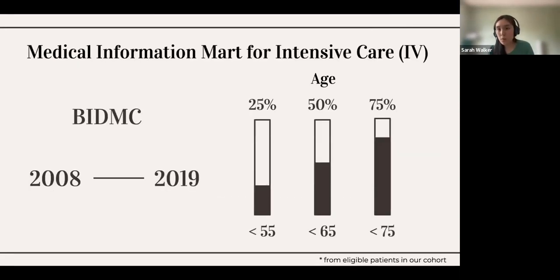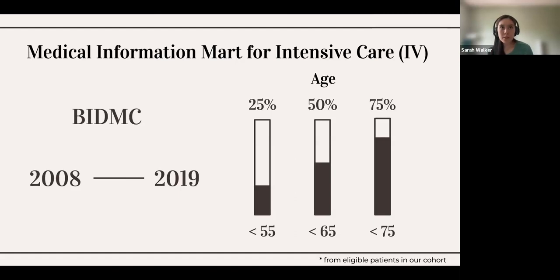Just to talk a little bit more about our data sets, we're using the Medical Information Mart for Intensive Care, the 4th version, also known as MIMIC-4. It's retrospectively collected data from one particular teaching hospital all the way in Boston called the Beth Israel Deaconess Medical Center, or BIDMC for short.